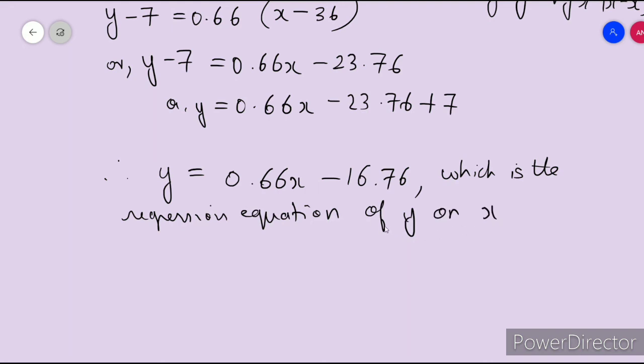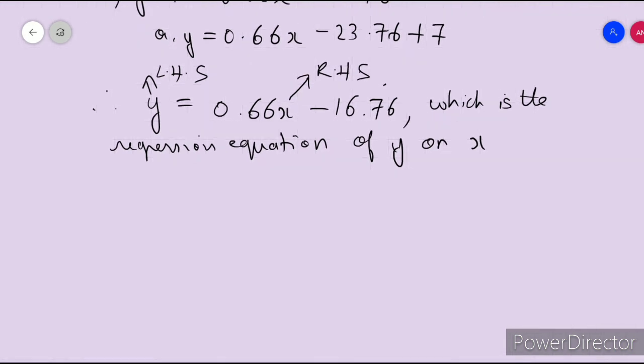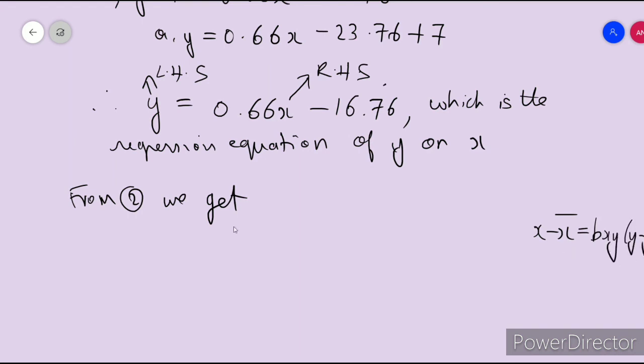So how do you know that this is a regression equation? Because we have the dependent variable on the left hand side and the independent variable on the right hand side. Now similarly, if we were to form the regression equation of x on y, we use equation 2. From 2 we get x minus x bar equals bxy times y minus y bar.